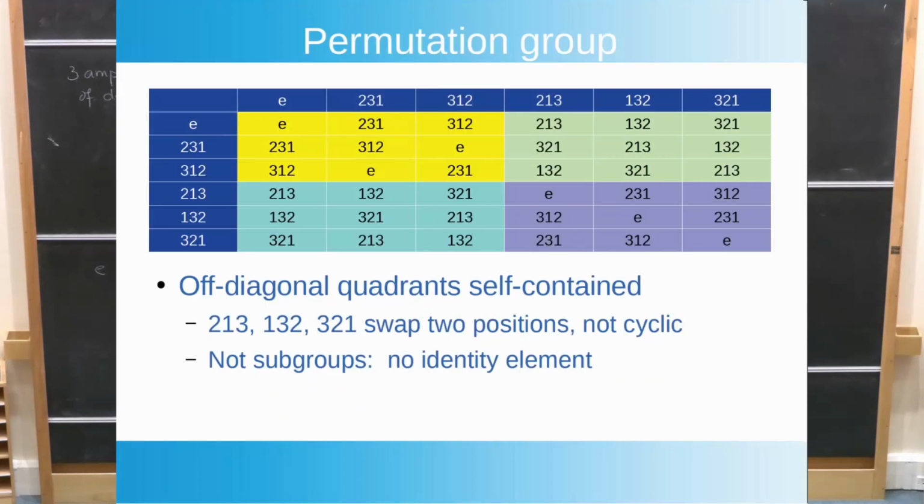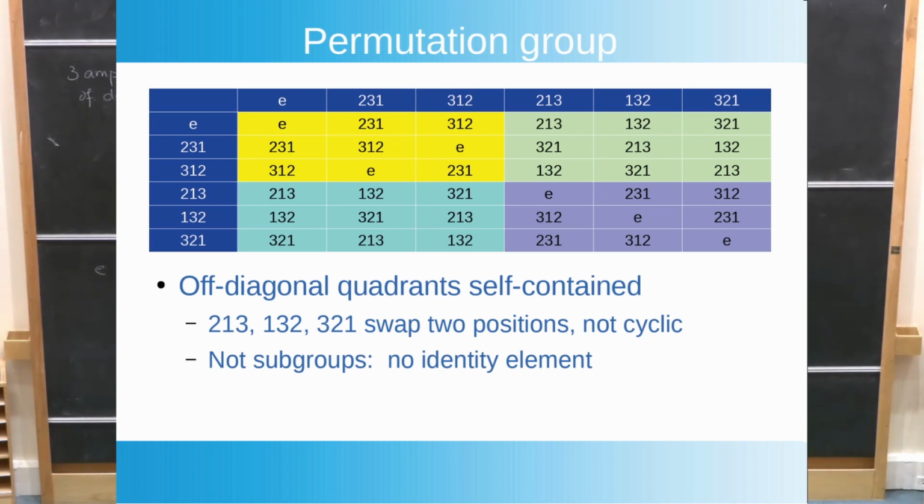Anyway, I think what I'm pointing out here is that if you are among these three elements and then multiply by these cyclic permutations, you stay among these three elements. And similarly, on the other side, if you're among these three elements and you multiply on the left side by these, then you'll stay among those three.